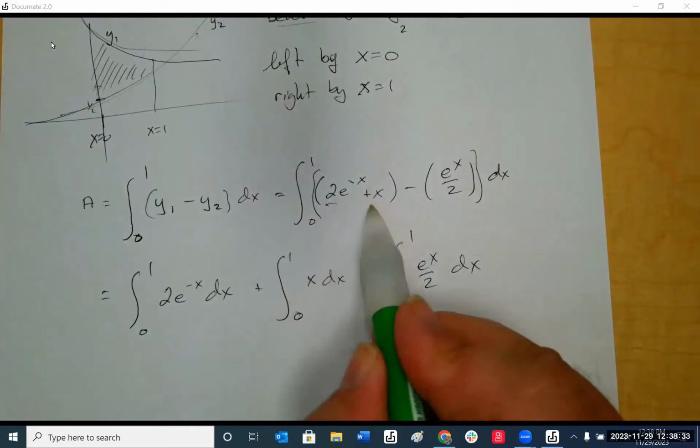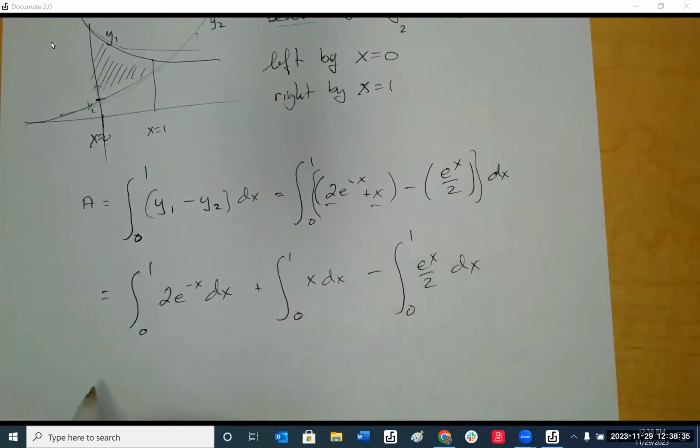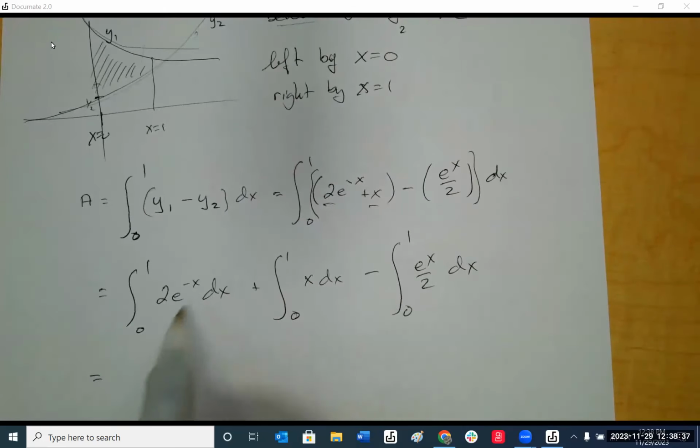I just took each one of these, because they only separate by plus or minus. So the integral of 2e to the negative x is what?